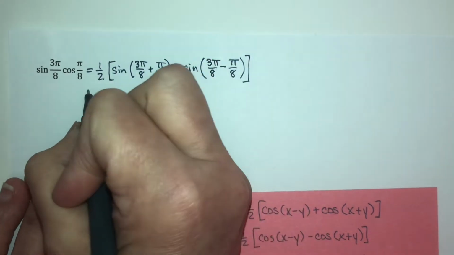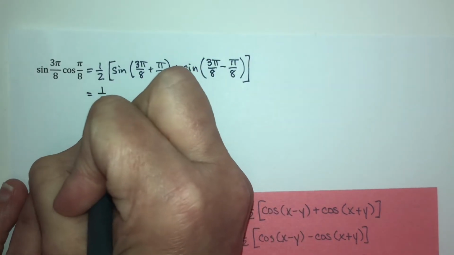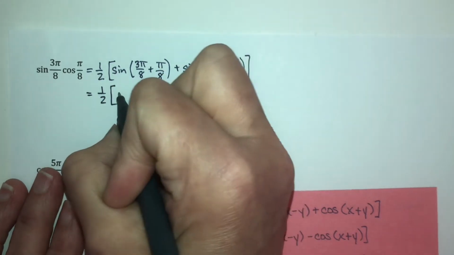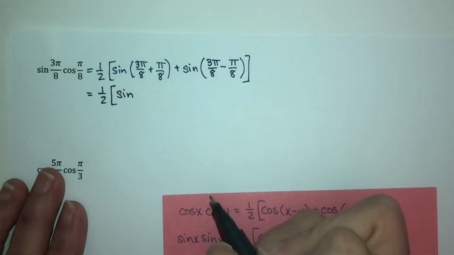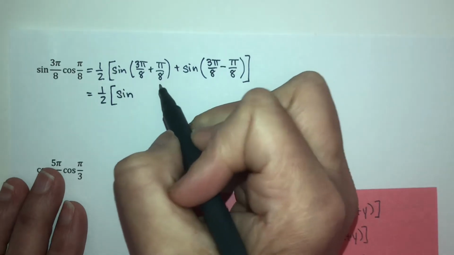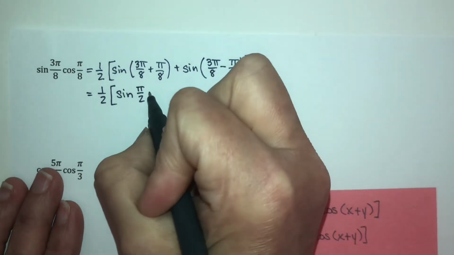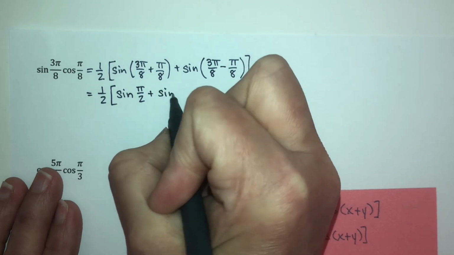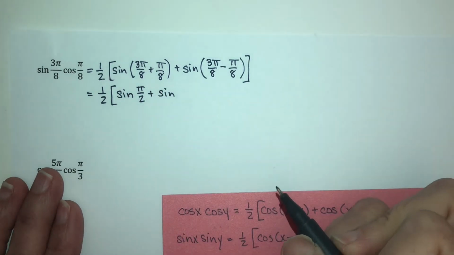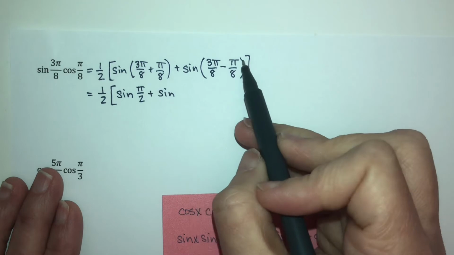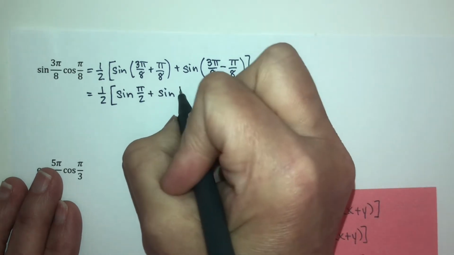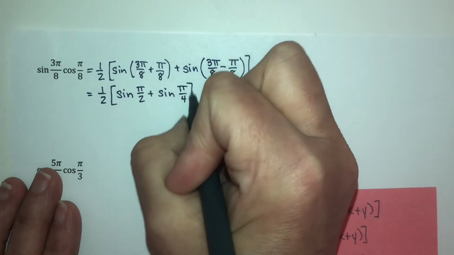So this is 1/2 sine of 4 pi over 8, which is pi over 2, plus sine of 2 pi over 8, which is pi over 4.